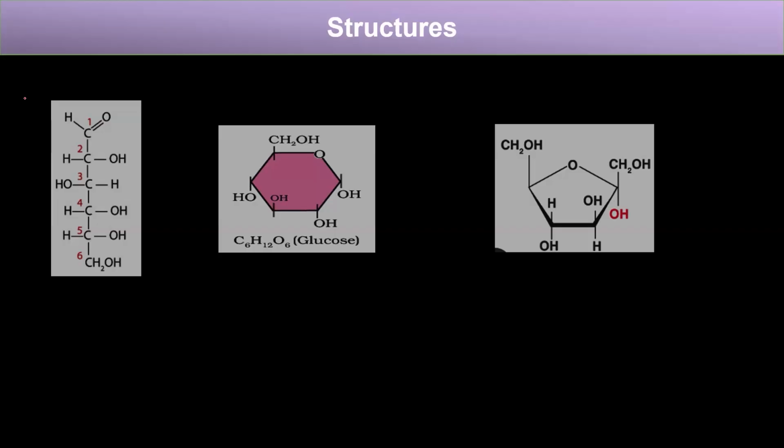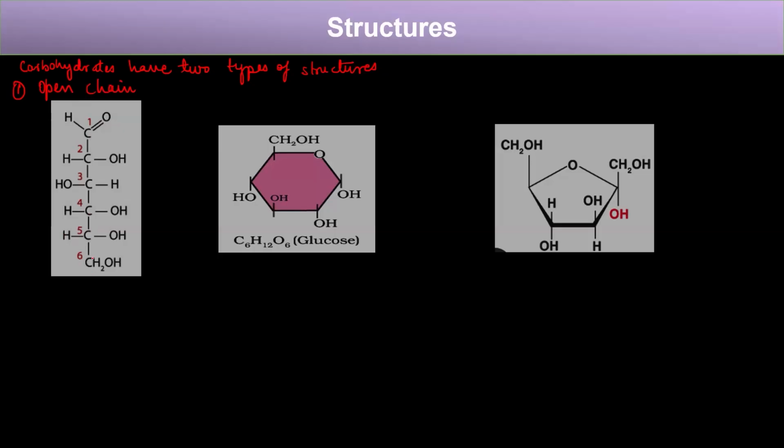What we saw in the last class is that the carbohydrates or the sugars have 2 types of structures. Now, what are these 2 types? The first type is open chain, and the example you can see here.